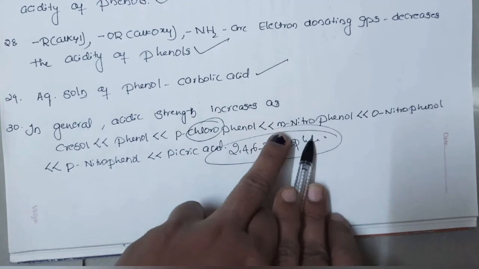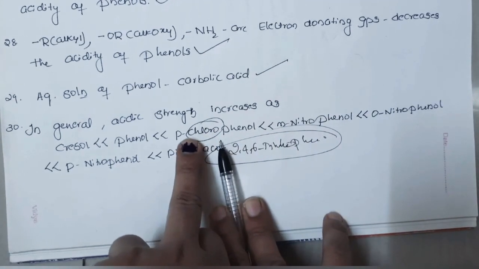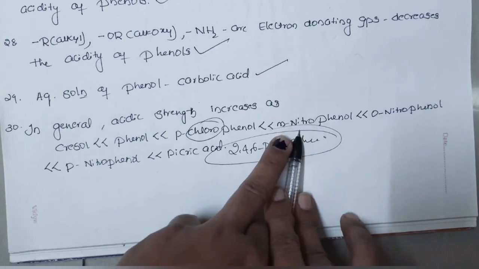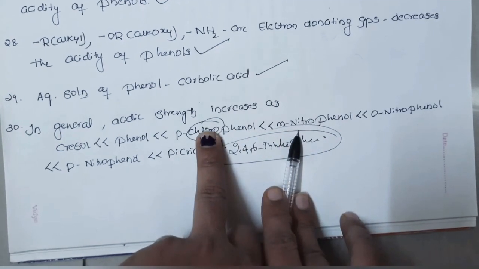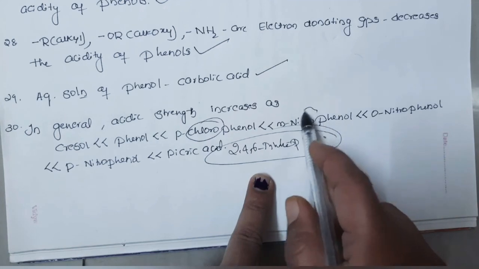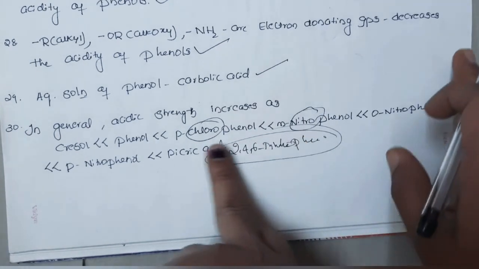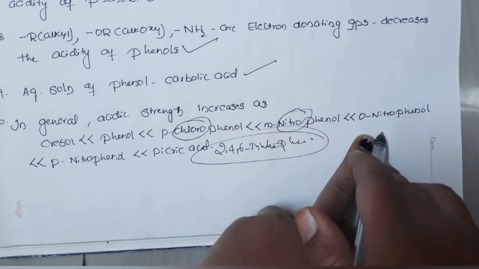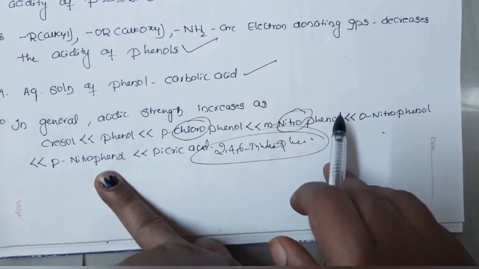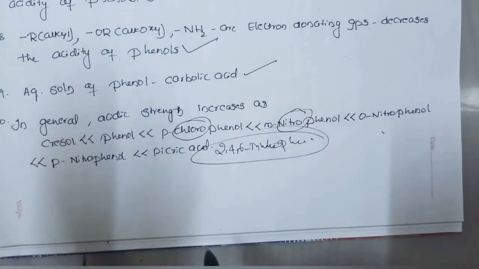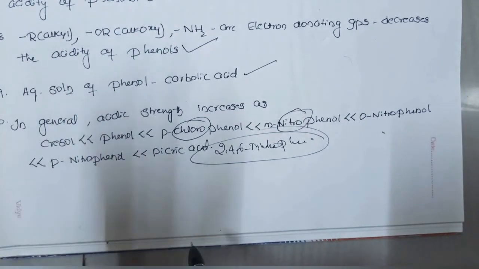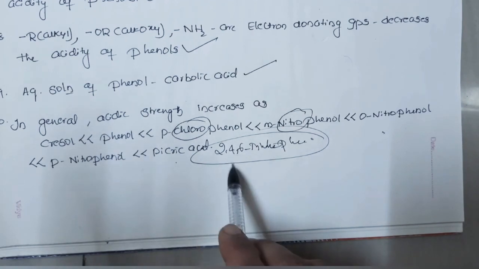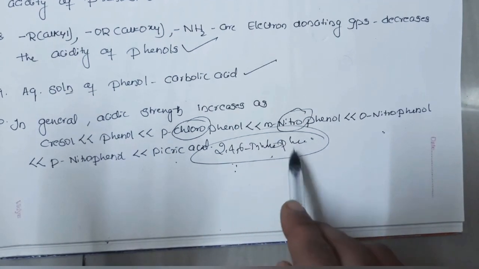Metanitrophenol is more acidic than parachlorophenol. Why? Because a nitro group is a strong electron withdrawing group compared to chloro. Similarly, orthonitrophenol followed by paranitrophenol. At last, the most acidic phenol is picric acid, or 2,4,6 trinitrophenol.